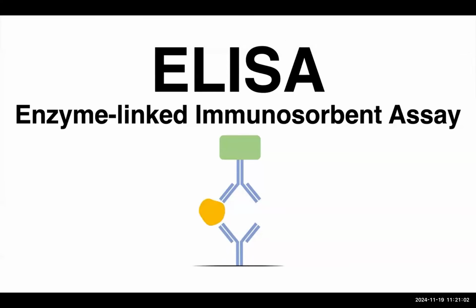With this plate-based technique, we can detect and quantify soluble substances such as proteins. During an ELISA, the antigen, which is the target molecule, is immobilized and specifically detected by antibodies, which are enzyme-coupled. When providing a colorless substrate, the enzyme produces a measurable, colorful product.